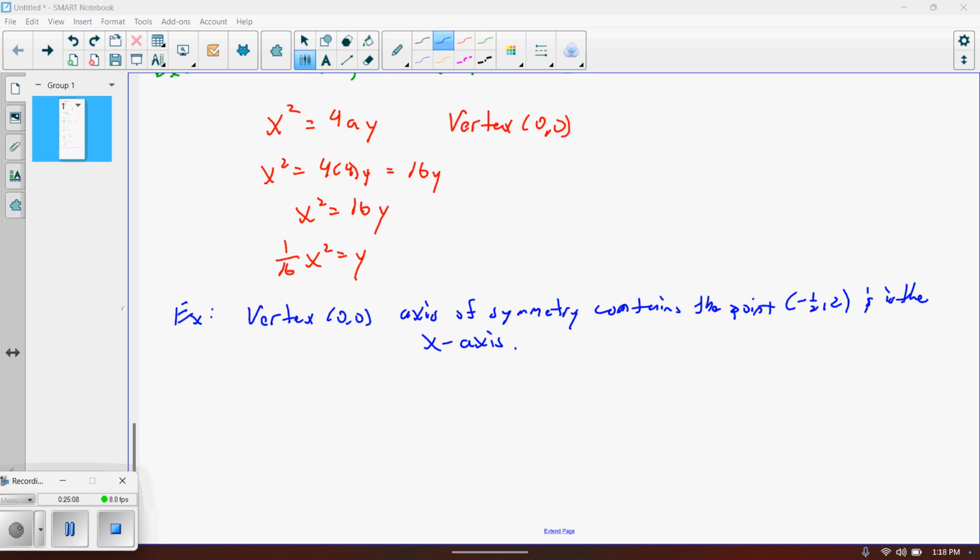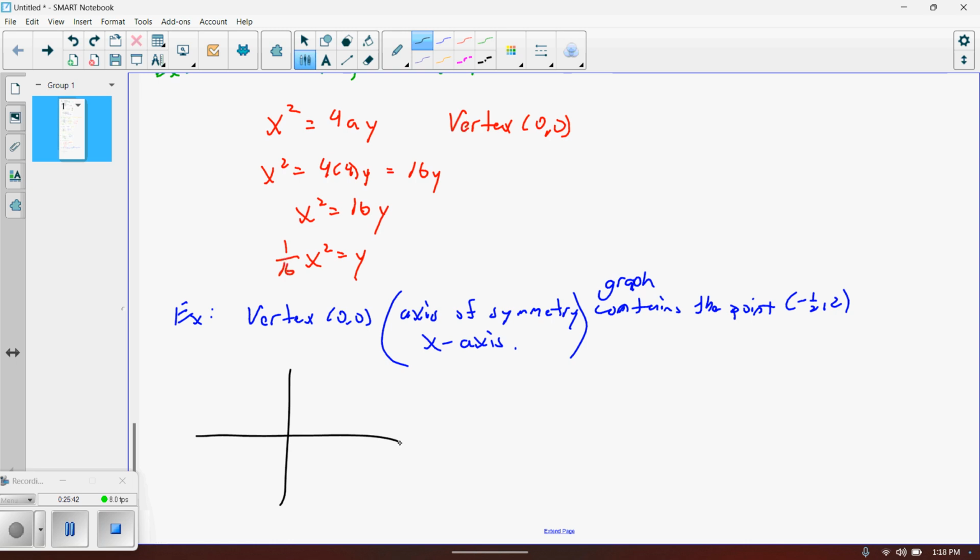I'm having a hard time sometimes reading my own notes. I apologize. The axis of symmetry itself does not contain the point -1/2, 2. The graph of the parabola contains that point. The axis of symmetry is the x-axis. The graph of the parabola contains that point. Yeah, let's do it that way. Otherwise, what I just said actually made no sense whatsoever.